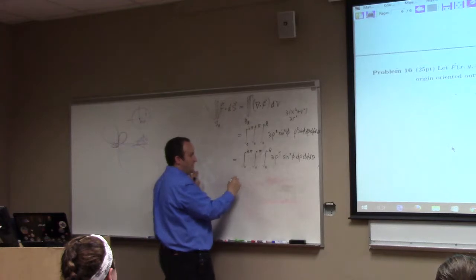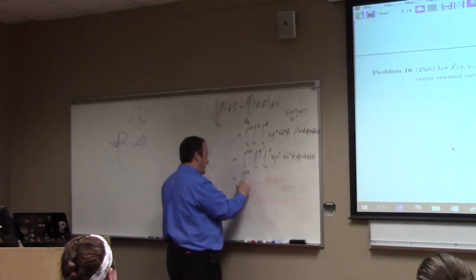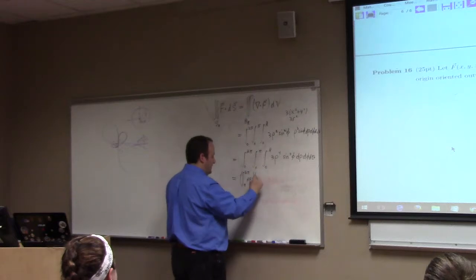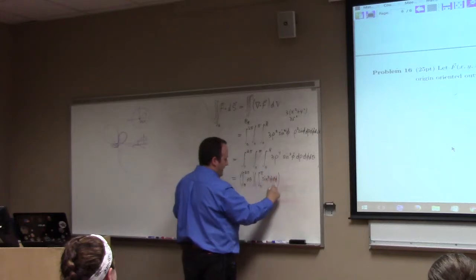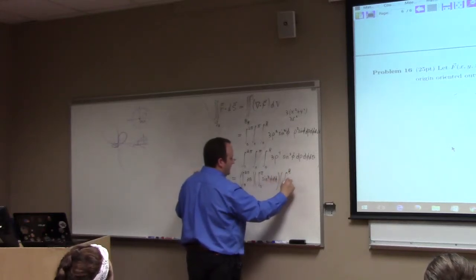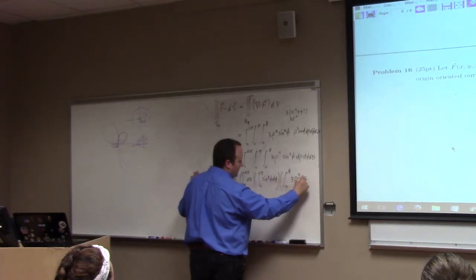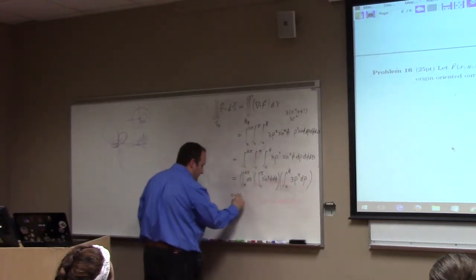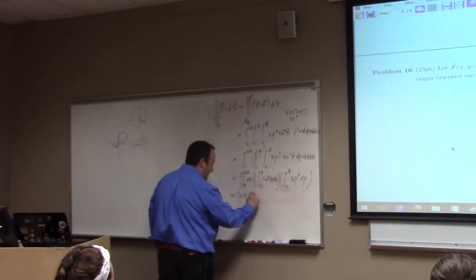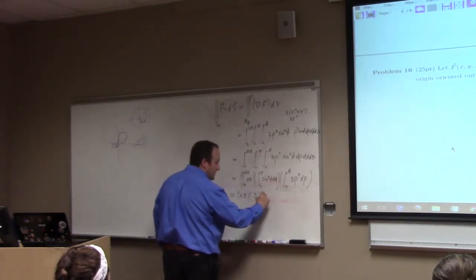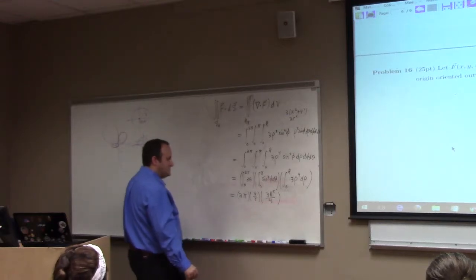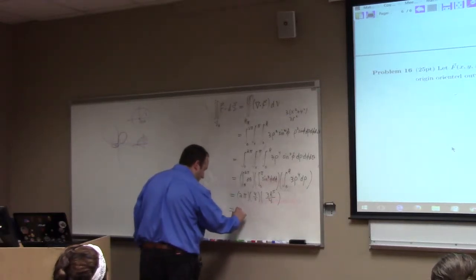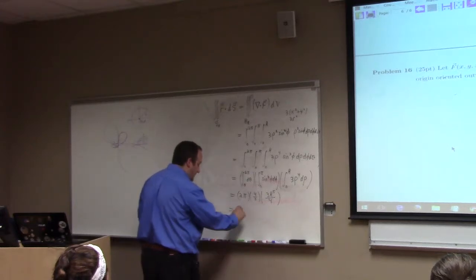So I get the integral from 0 to 2 pi of d theta, integral from 0 to pi of sine cubed phi, integral from 0 to r of 3 rho to the 4th d rho. That works out to 2 pi times 4/3 times 3 r to the 5th over 4. Cool. So 2 pi r to the 5th.